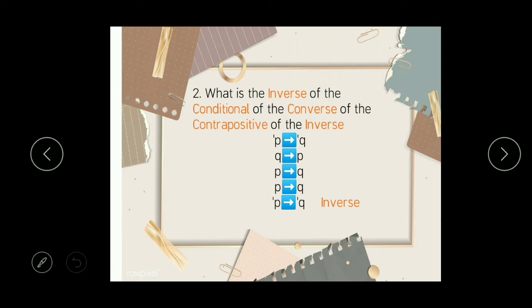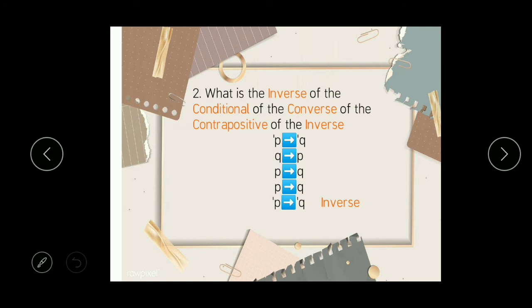What is the inverse of the conditional of the converse of the contrapositive of the inverse? It is very difficult to understand when read straight through, because it's logic, and we need to go step by step in order to understand well.